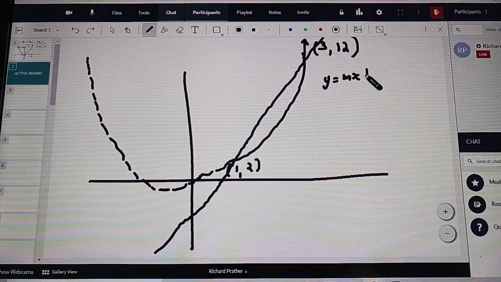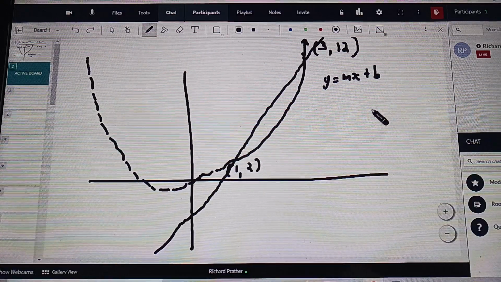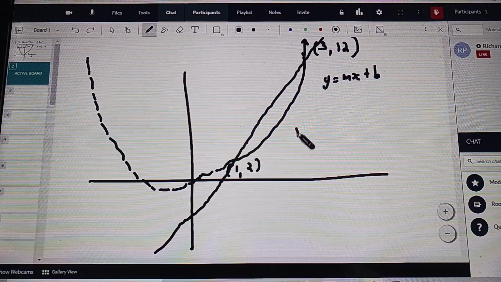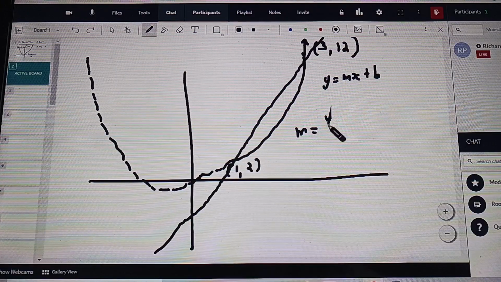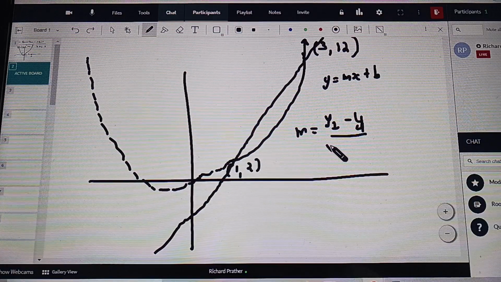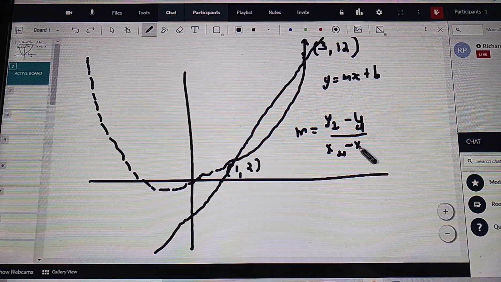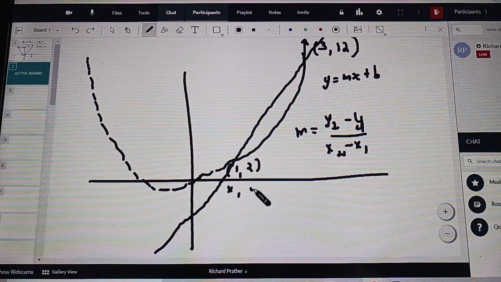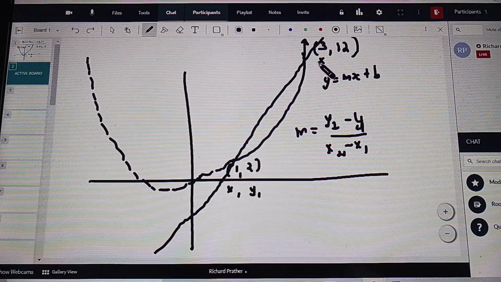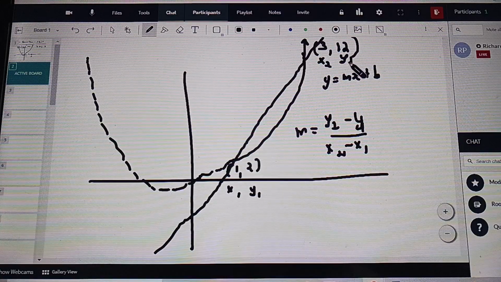And we can easily find the m by doing the slope formula, y2 minus y1 over x2 minus x1. So I'll just call this the first x, first y, second x, and second y.